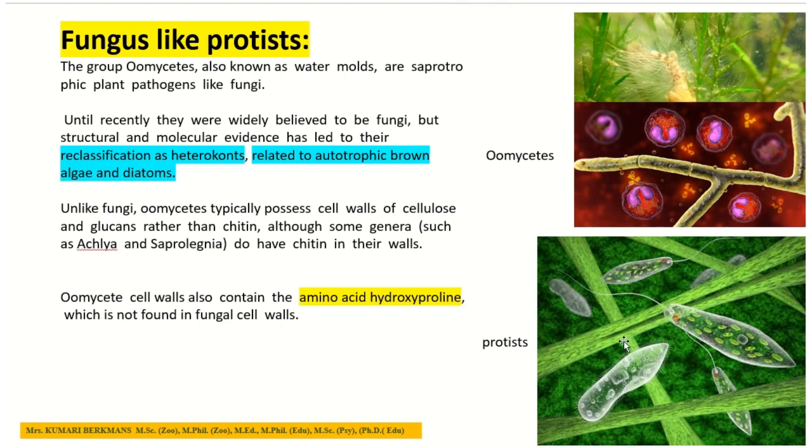This is a protist, which can also produce its own food. And the oomycete cell wall contains the amino acid hydroxyproline, which is not found in the fungal cell wall. So only they come under the heterokonts.